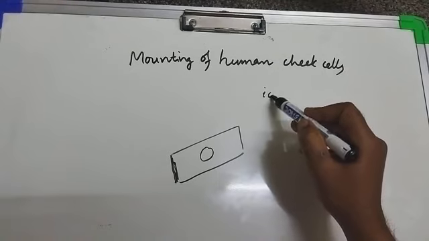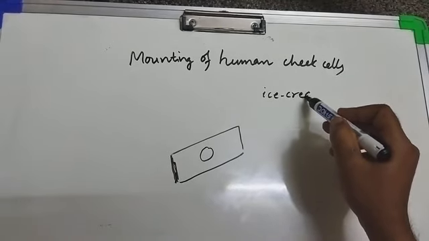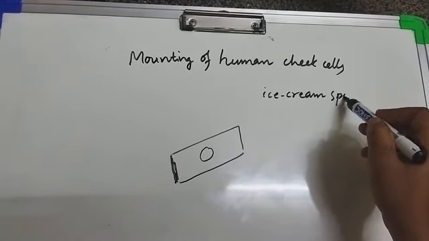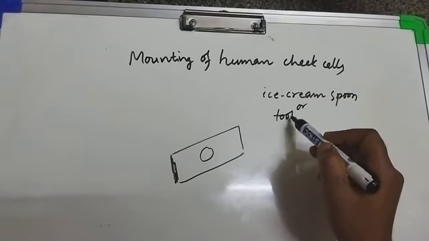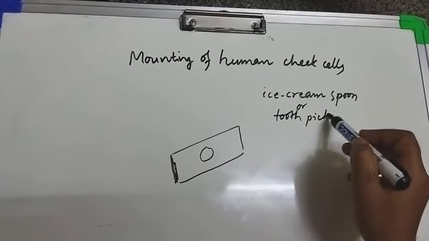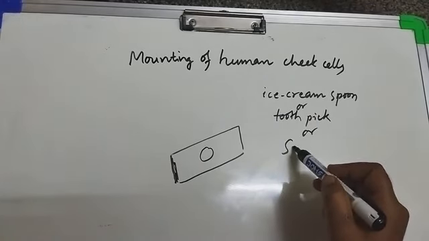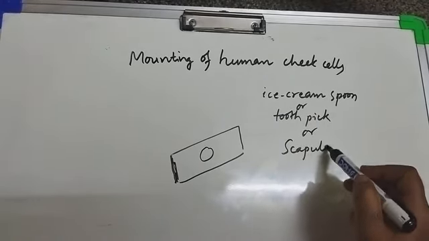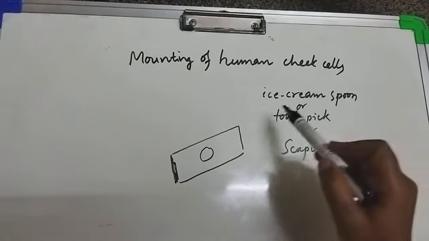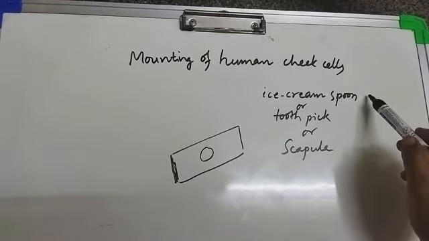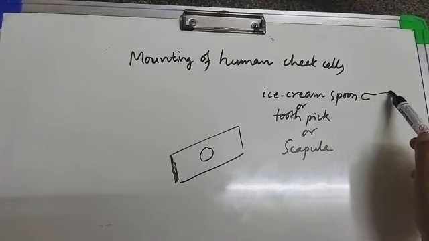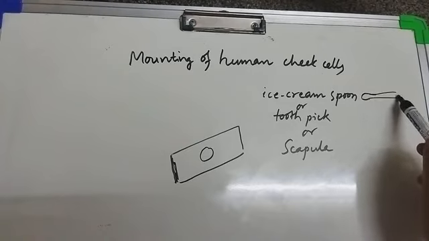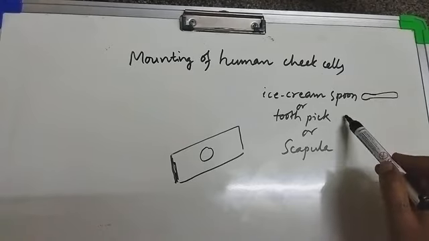Ice cream spoon or toothpick or scapula. So the ice cream spoon, you know the shape. It will be like this.